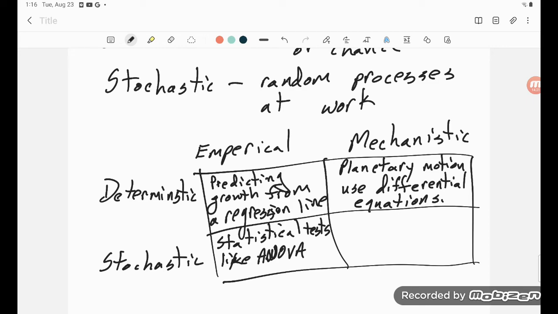We're just trying to ask, are there differences? And then finally, if you look at mechanistic and stochastic, a lot of genetics, in particular of, say, small populations.